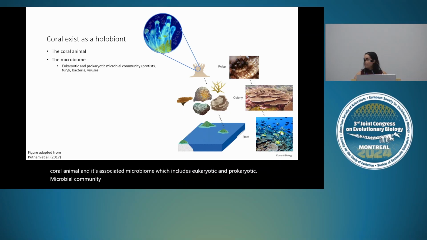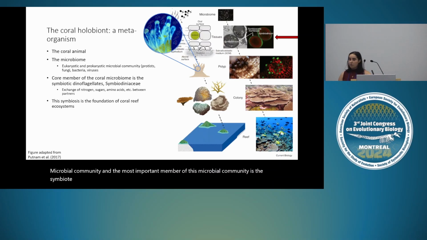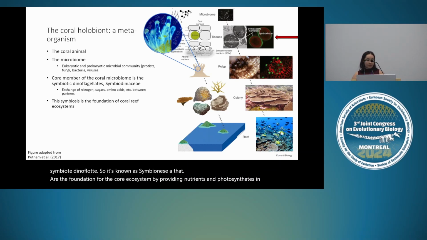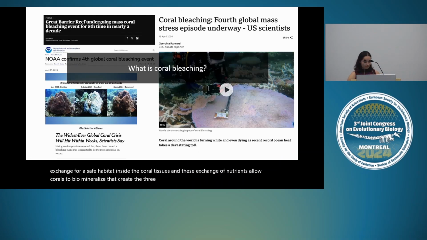And the most important member of this microbial community is the symbiotic dinoflagellates known as Symbiodiniaceae that are the foundation for the coral reef ecosystem by providing nutrients and photosynthesis in exchange for a safe habitat inside the coral tissues. And this exchange of nutrients allows corals to biomineralize, which creates the 3D structures of the reef.